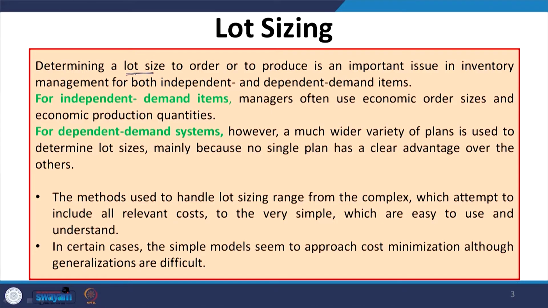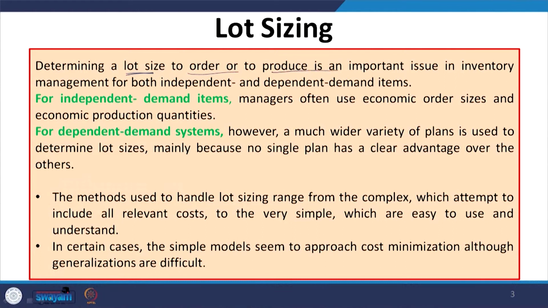Here, the lot size is going to affect the cost of our inventory system. Whether it is dependent or independent, we want to minimize the cost of inventory, and we also do not want to compromise the production schedules. For the sake of cost reduction, I will not like to degrade my production schedule. I do not want any kind of disruption in the production schedule. So, for that purpose lot sizing is very important.